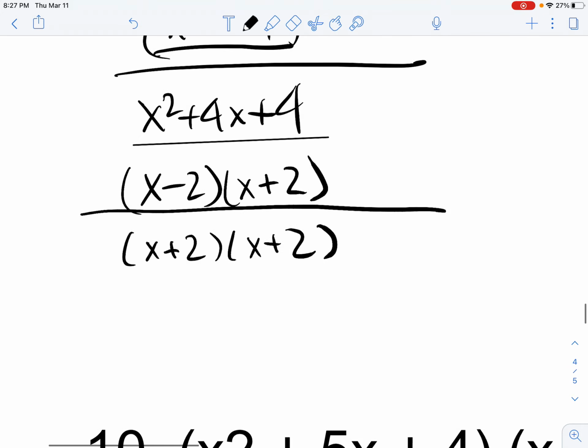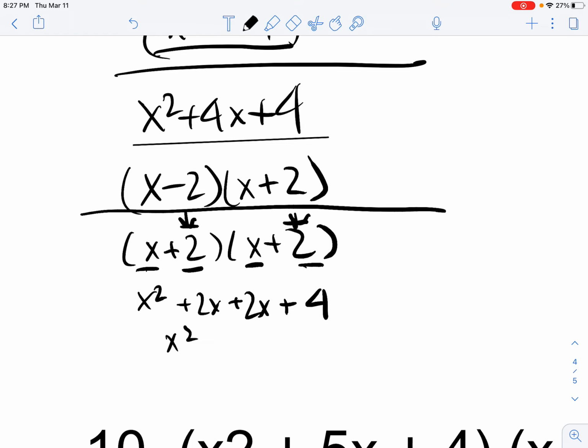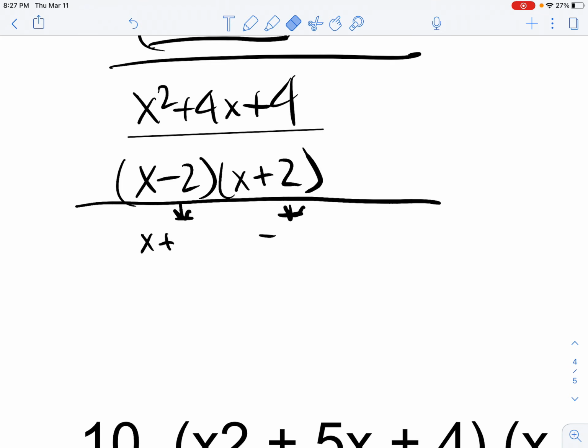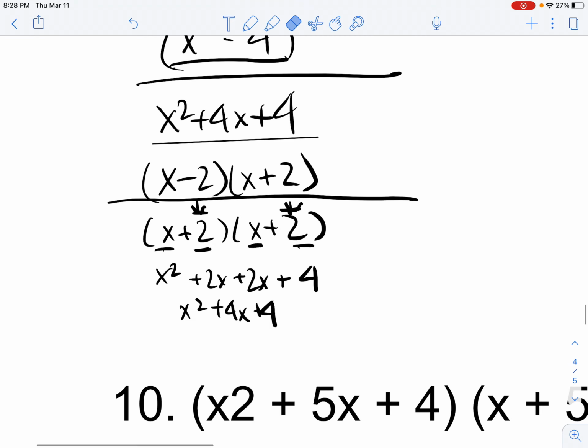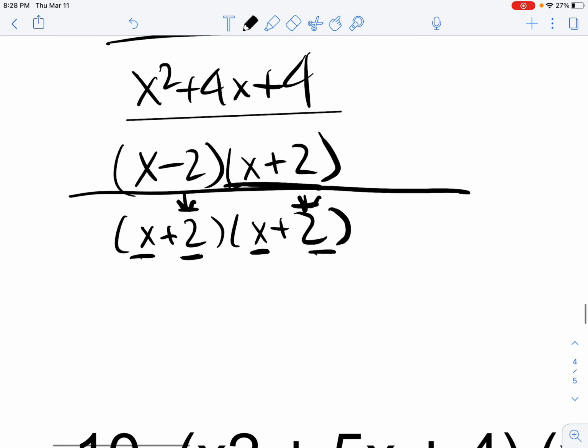If you multiply this out, you see that x times x is x squared, 2 times x is plus 2x, and then do the outside as well, you get plus 2x, and then your last terms would be 4, giving you x squared plus 4x plus 4. Now, we can see that x plus 2 and x plus 2 share a common factor in the numerator and denominator.